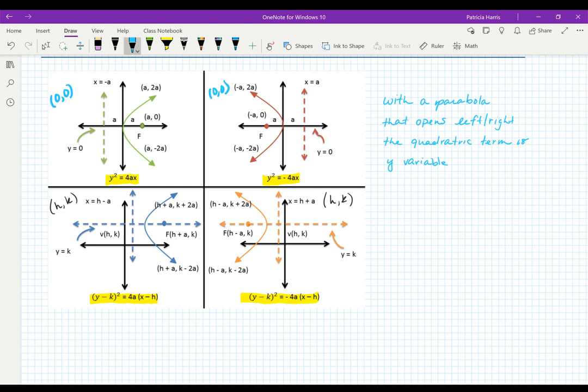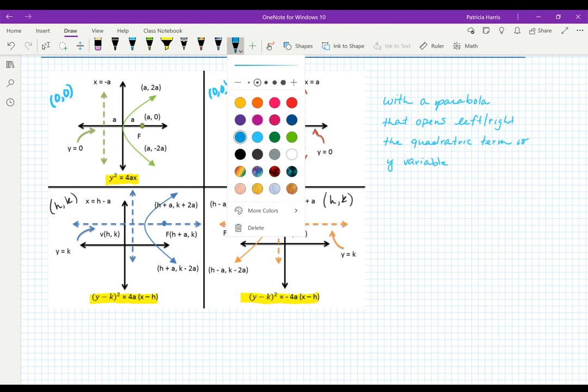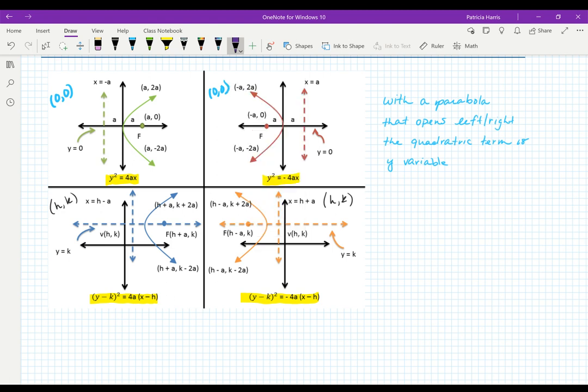Now, a couple more things change. You will notice that the directrix is now a vertical line instead of a horizontal line. And you will notice that the axis of symmetry is a horizontal line rather than a vertical line.